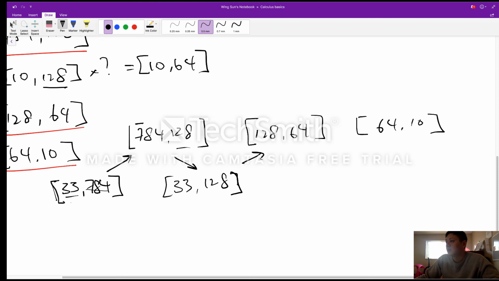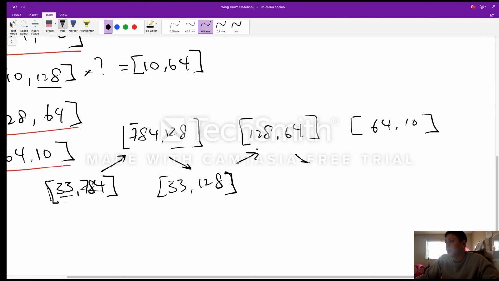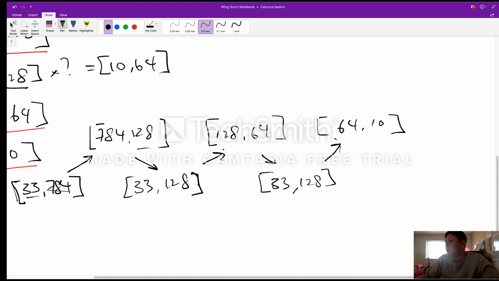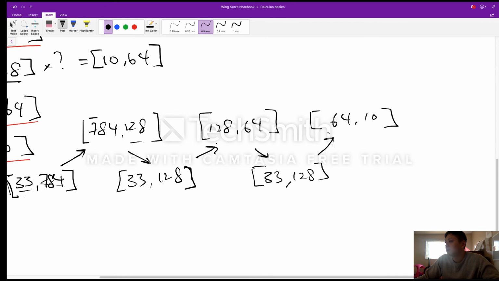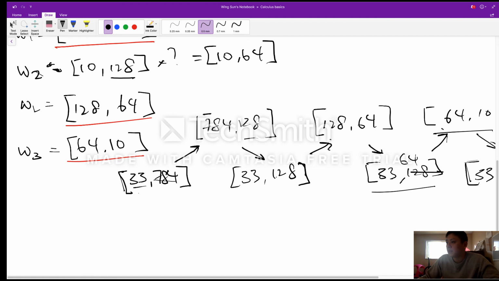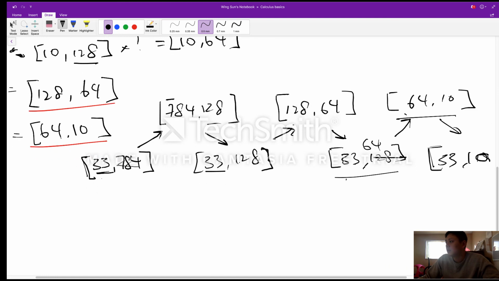Then you multiply this with this, and you get 33 by 64. Multiply this with this, and that will give you 33 by 10. One important observation is that the batch size is preserved.